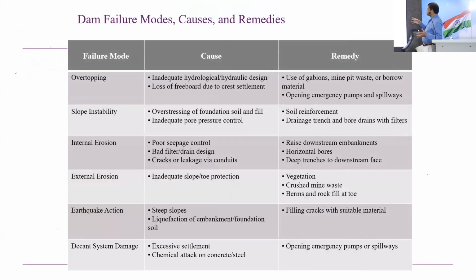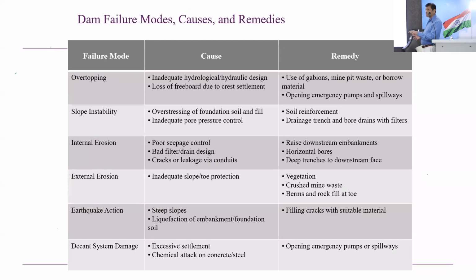Again, I saw also this slide, but that time I didn't go into more details. But normally, what are the failures and what is the current remedy? This is a kind of summary. So the failure modes can be overtopping, slope instability like this slope failure.